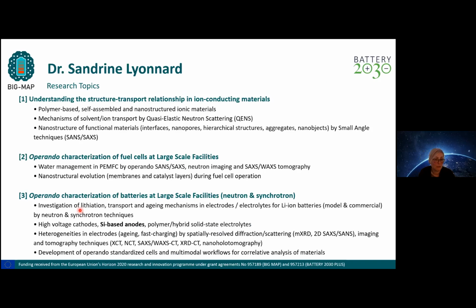To go a little bit deeper, the focus is set on the in-depth understanding of the basic mechanisms, and understanding the structure transport relationship in conducting materials, as well as operando characterization of fuel cells and batteries using neutron and synchrotron techniques at large-scale facilities.